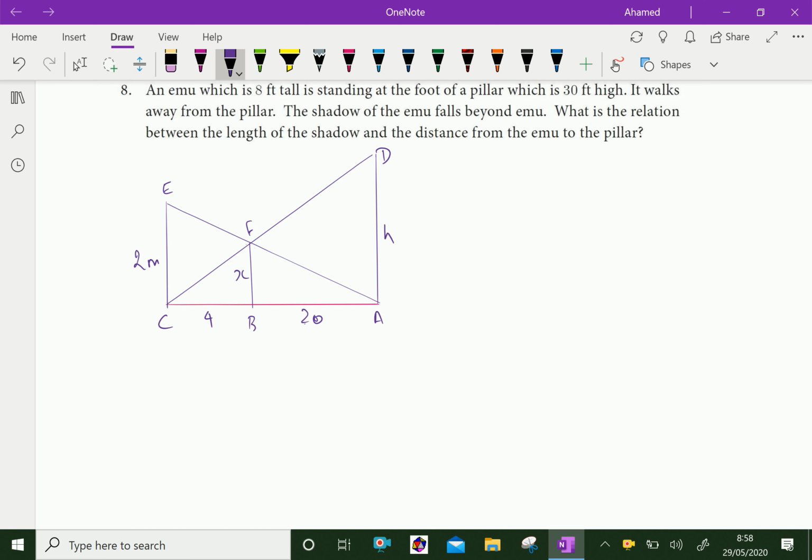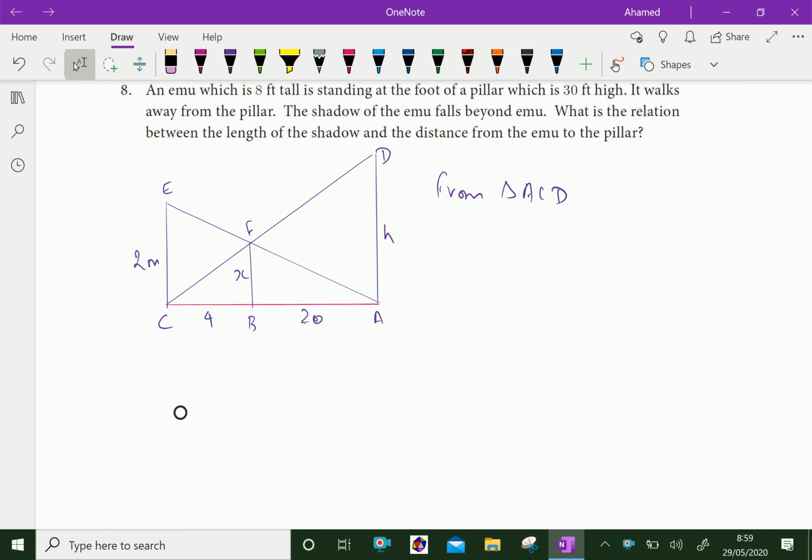So now, from triangle ACD and triangle BCF, this triangle and big triangle are similar.